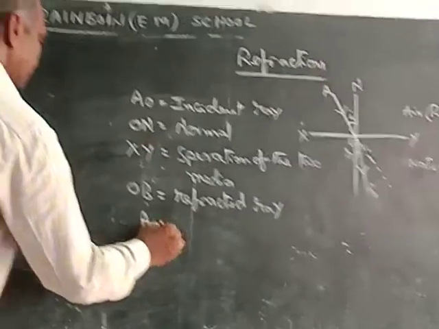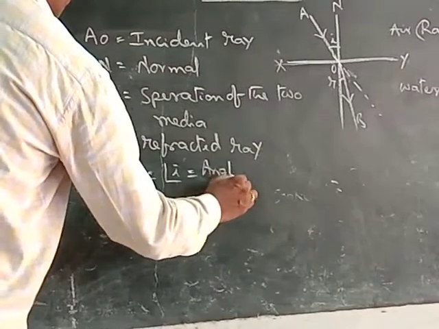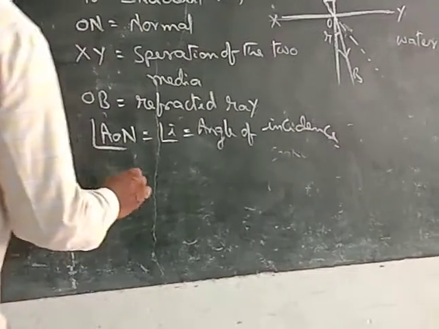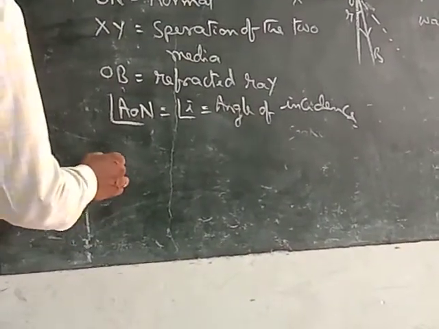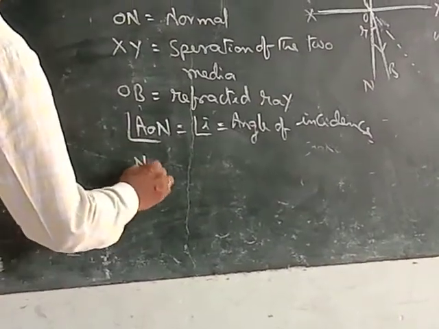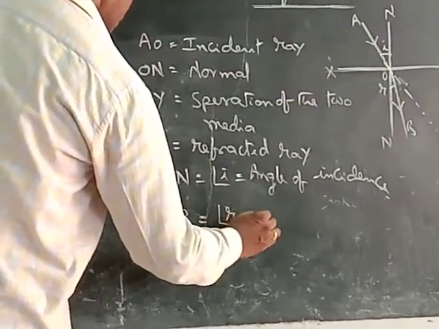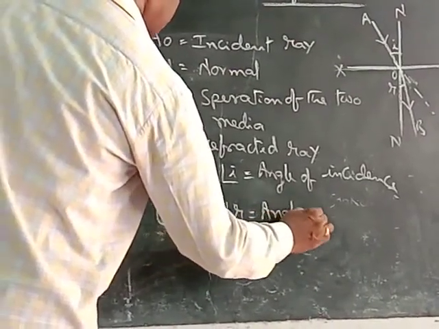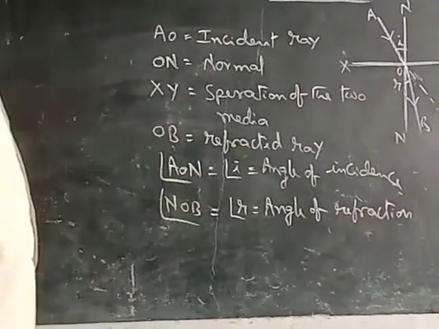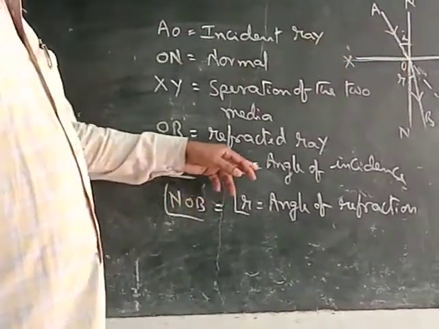Angle AON is the angle of incidence. Angle NOB is the angle of refraction, R. The angle between the incident ray and the normal is called I, the angle of incidence.